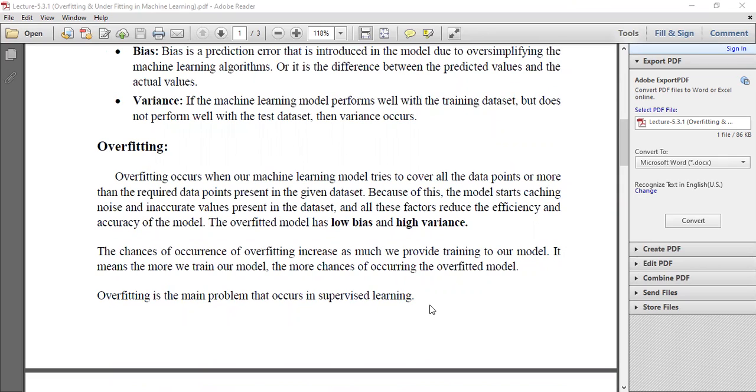All these factors reduce the efficiency and accuracy of the model. The overfitted model has low bias and high variance. The chances of overfitting increase the more we train our model. It means the more we train our model, the more chances of getting an overfitted model.